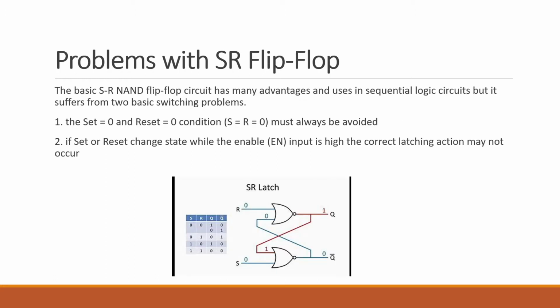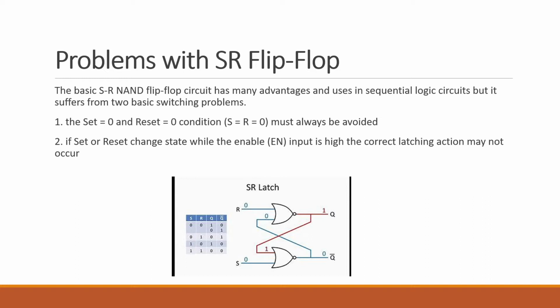So, the SR flip-flop was a great innovation in the field of sequential logic circuits, but it suffered from two switching problems. These problems are the set equal to 0 and reset equal to 0 conditions should not be used together and must always be avoided.